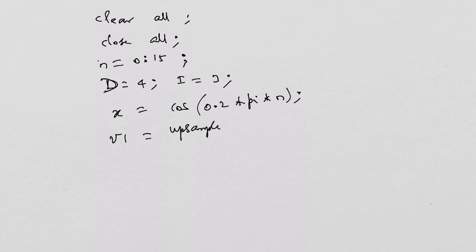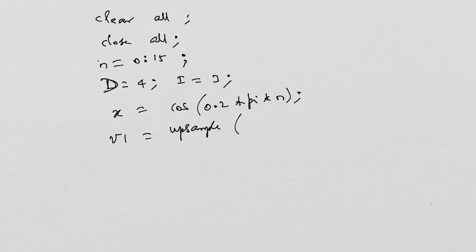Let's see how it works. Let me generate an input signal. The signal is x is equal to cos of 0.2 asterisk pi n. Original signal is ready. Let me have an upsampled version. V1 is equal to the upsampling operation.